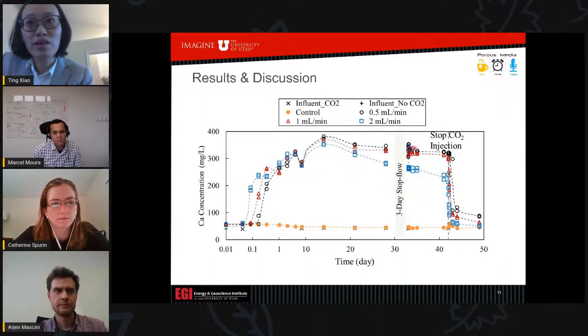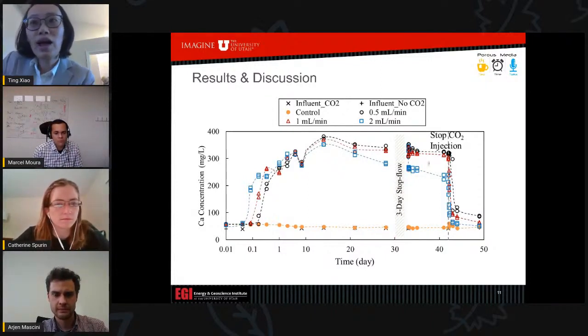So we interpret that this is due to the surface area and reaction contact surface. After CO2 stops, calcium concentration drops very quickly to the background level.